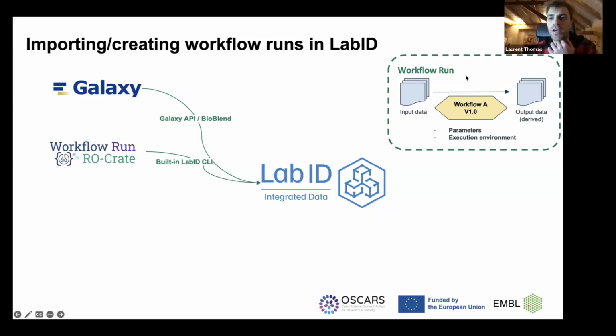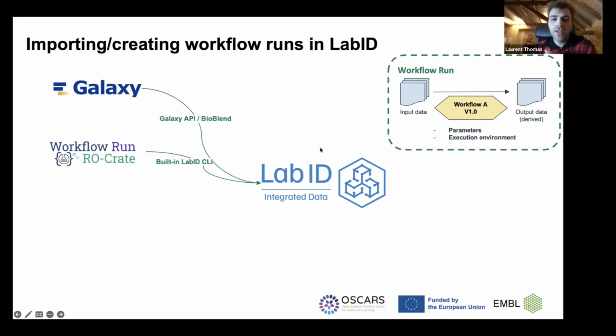From this package, we are able to extract automatically the list of files or datasets that were used as input, used as output, and eventually even extract additional information such as what version of the workflow was used and what the execution environment was. So this is very straightforward, there is little configuration needed, basically.